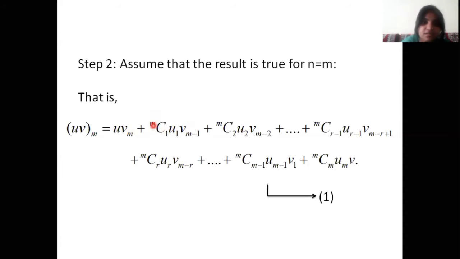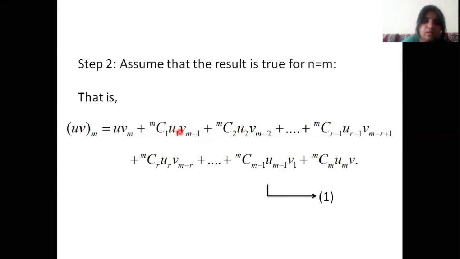And when you differentiate the second term, see this mc1 is constant, you'll keep this outside and differentiate u1 vm minus 1. Again you are using the product rule for this u1 vm minus 1. So when you differentiate this, you keep u1 silent first and then differentiate the other. vm minus 1 plus 1 is just m.